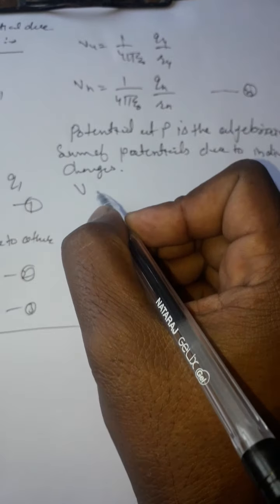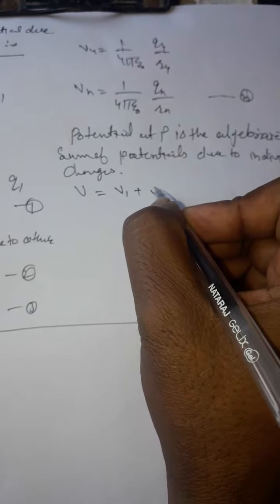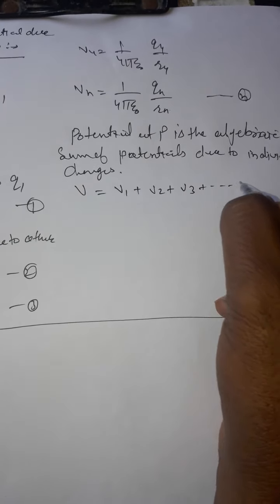That is, total V is equal to V1 plus V2 plus V3 and so on up to Vn.